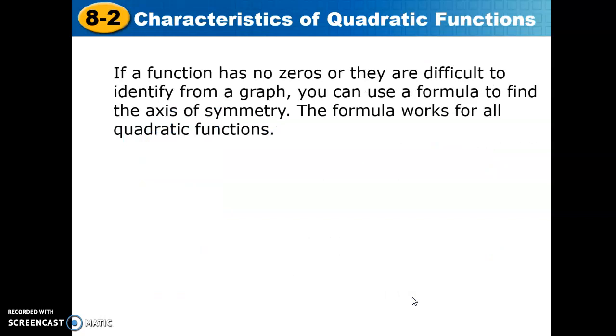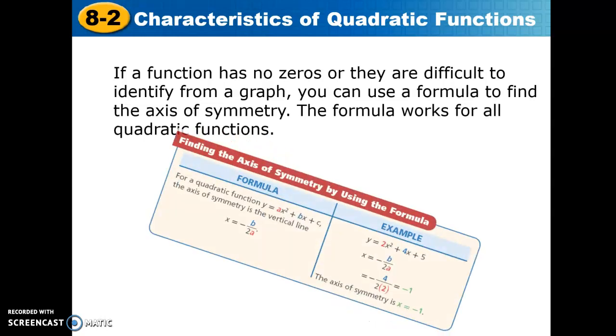Okay, now, if you have no zeros, this is where it makes life a little bit more difficult. But not really. We always have a solution, right? So if your function has no zeros, or maybe you can't even identify them because it's not on a clean coordinate point on your graph, then you can use a formula which works for all quadratic functions.